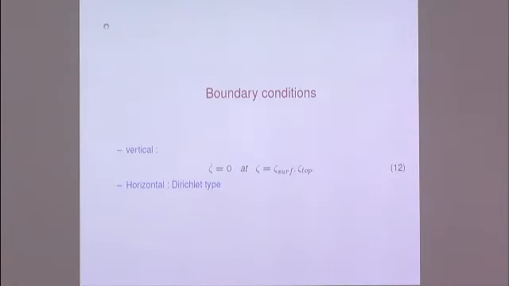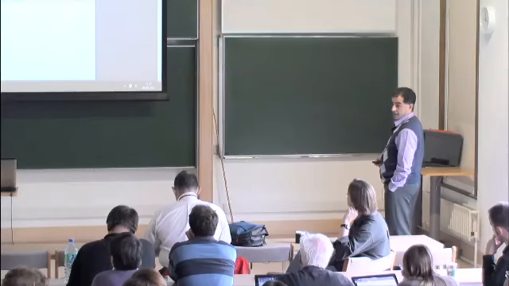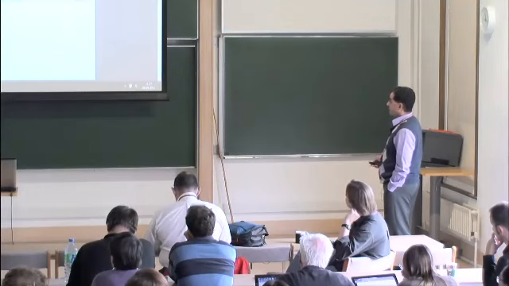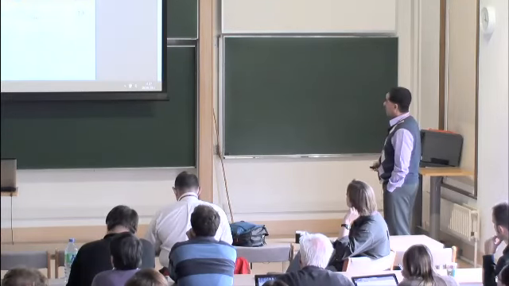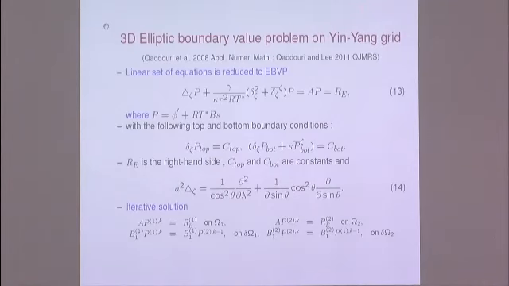Boundary conditions: we have material surfaces at the surface and top, and we set zeta dot equal to 0 at the surface and at the top. In the horizontal, we have a Dirichlet type boundary condition. I said that we have to solve a 3D elliptic boundary value problem in Yin-Yang.